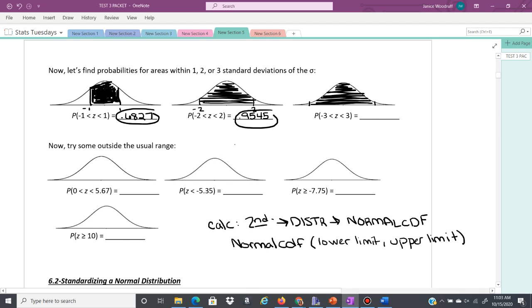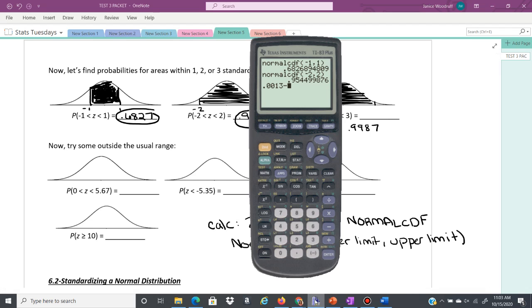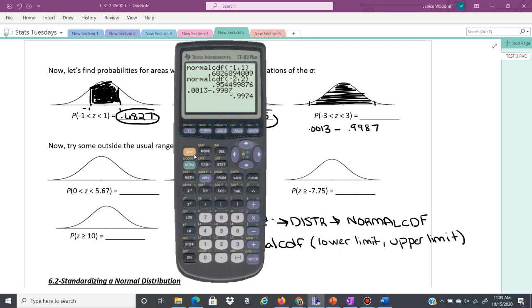So I get 0.0013 and 0.9987. So that gives us 0.9974.